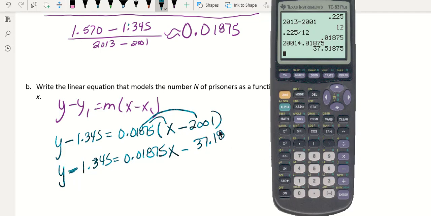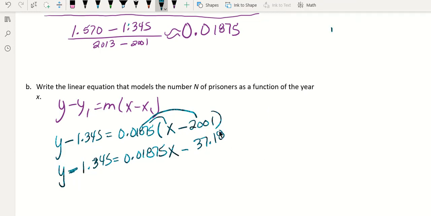Let's just say 37.519. I'm just going to go ahead and round it for my sake.